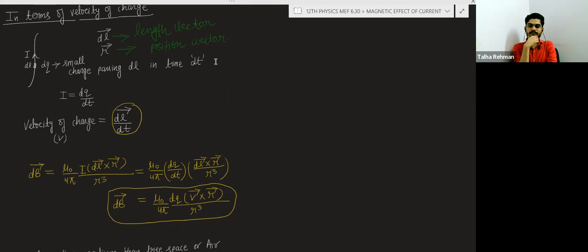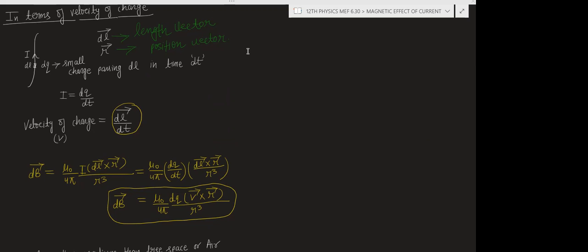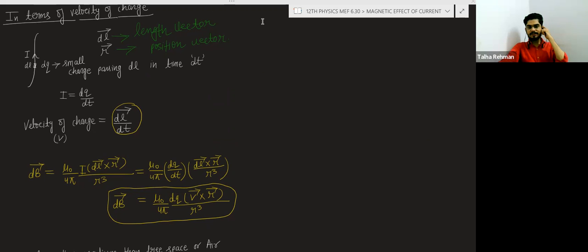So Matthew, can you tell me what about the current? Is current a vector or a scalar? Scalar, sir. We have discussed now in current electricity about the current. Actually, current is neither a scalar nor a vector. Current is a tensor quantity, and tensor quantity is not a part of your syllabus.